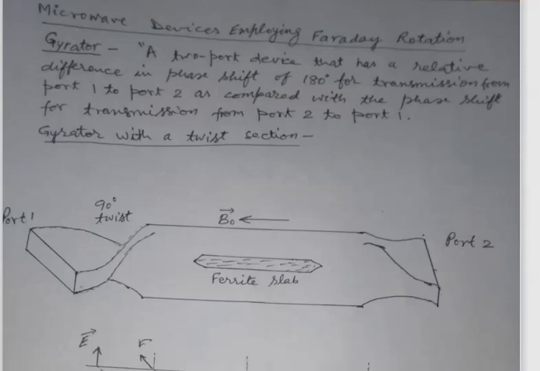It is defined as a two-port device that has a relative phase difference of 180 degrees for transmission from port 1 to port 2 as compared to the transmission from port 2 to port 1.